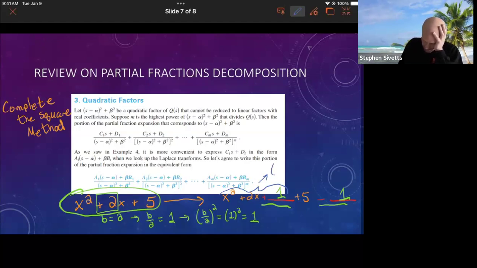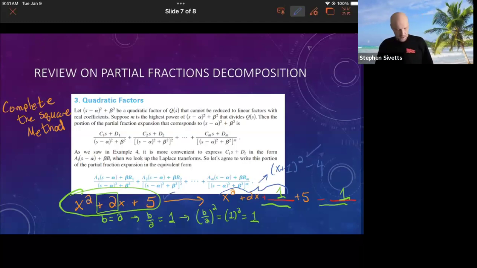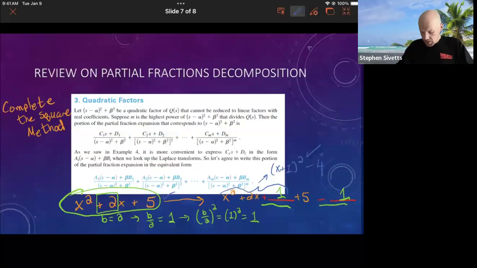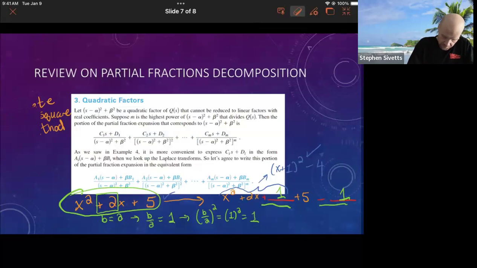So in this case, it's x plus 1 squared, and then -4. Okay, so that's another way to express this quadratic, and it's this quadratic here. Okay, so that's a review on using the complete the square method, and it's very useful.